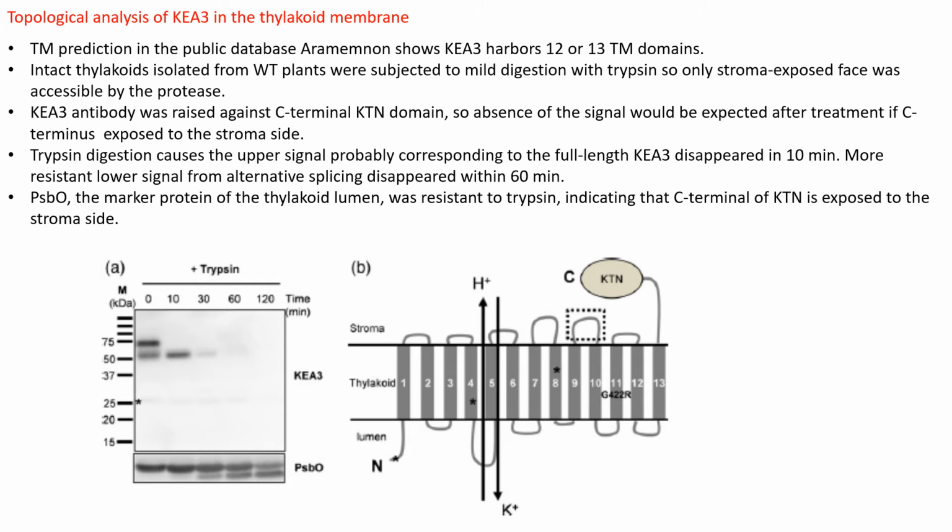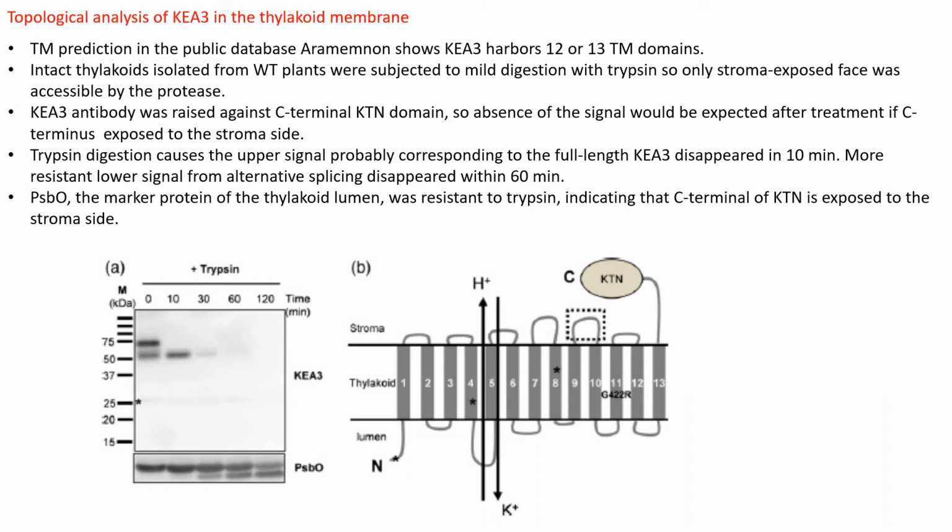When the protein, for which you can see the initial molecular weight band in figure A, was treated with trypsin, within 10 minutes the band for KEA3 disappeared. However, the lower band, due to the alternatively spliced product of the KEA3 gene, is still present. With increasing time, it starts disappearing.